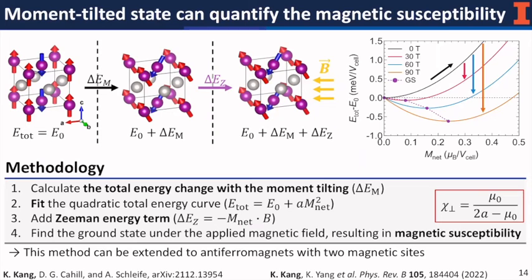By introducing this Zeeman energy term, the total energy curve changes in terms of the net magnetization. With different field strengths, these curves keep changing, which means the ground state under the field also changes. So we can conclude which net magnetization is created at a certain field strength. That's why we include the Zeeman energy term in this calculation.